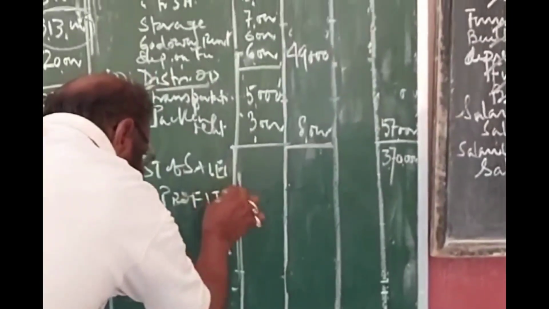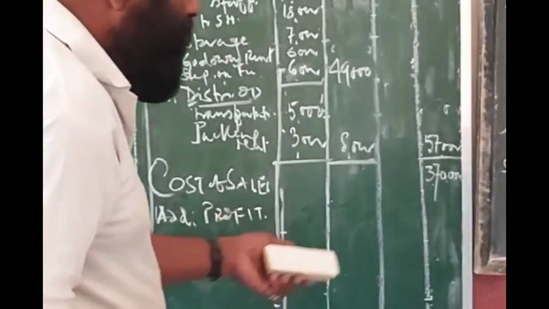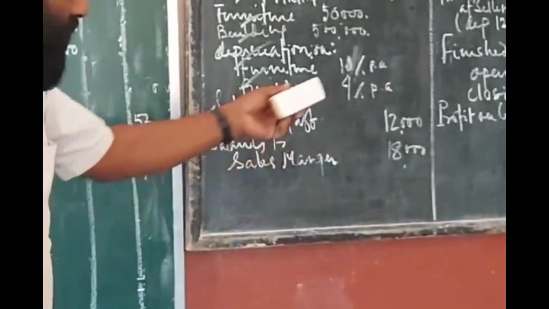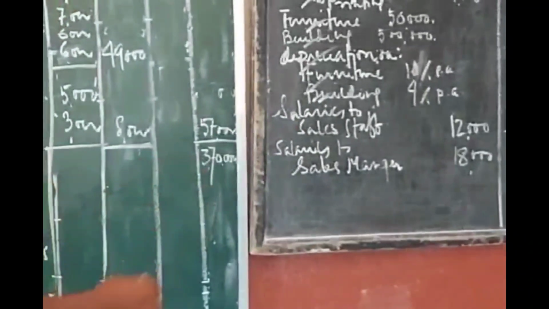Okay. Profit. The company has a practice of earning a profit of 25% on cost on the goods sold. Okay. Profit on cost, it is 25%. So 1 crore should be added.